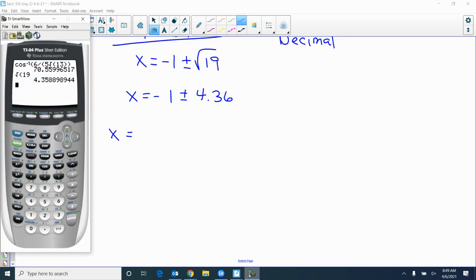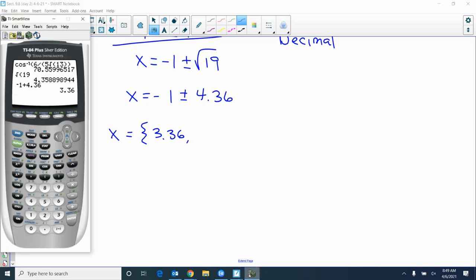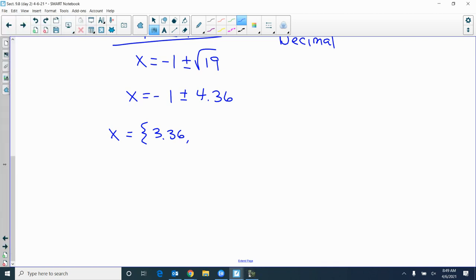My two answers are negative 1 plus 4.36, which is 3.36, and my other answer is negative 1 minus 4.36, and that is negative 5.36.